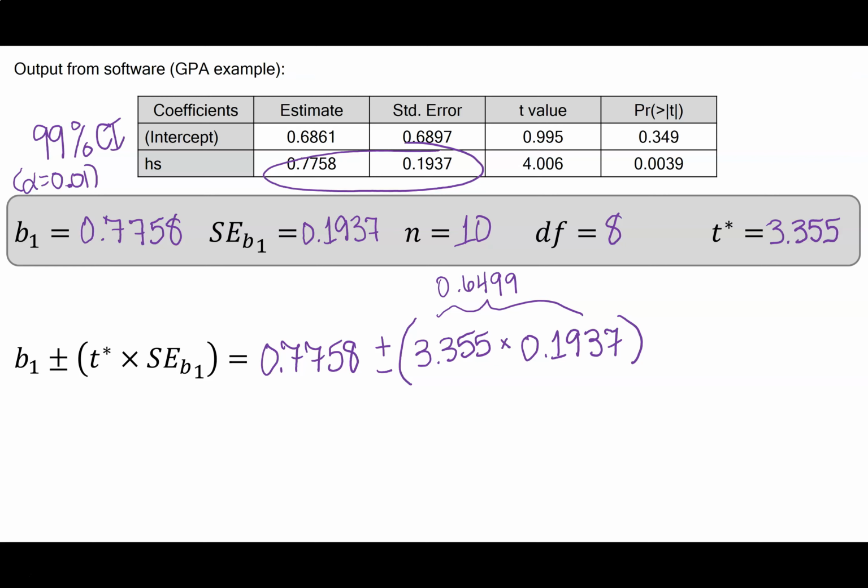So plus. I like to add first and then do the subtraction. You are welcome to do it whichever way.